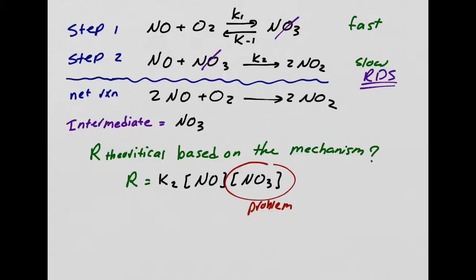I want you to look at step 1. Step 1 is an equilibrium reaction. It goes forward and it goes backward. So there's a forward reaction, there's a backward reaction. We call that equilibrium. So let's go over here.